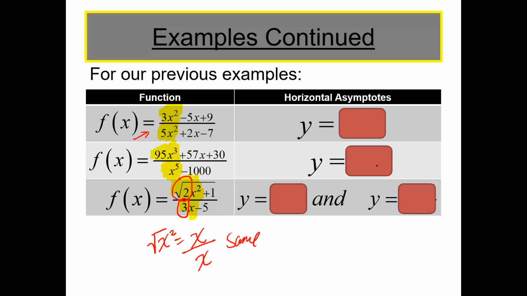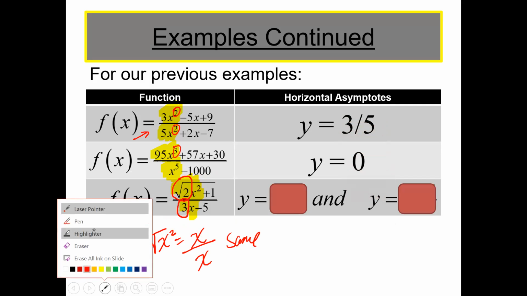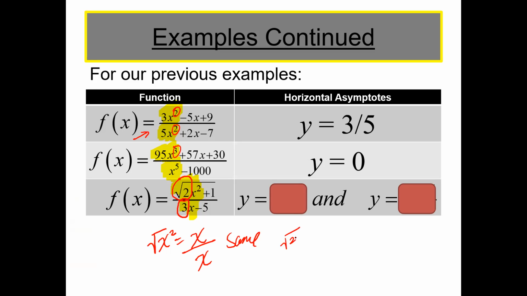First one's pretty simple. You have the same exponent, so it's just the coefficients, 3 over 5. Second one, the numerator is smaller than the denominator, so y equals 0. Last one is a little bit trickier because you have a square root, and you need to be a little more careful with it. You know that the square root of x squared is just x, so the square root of 2x squared you just break down into the square root of 2 times the square root of x squared.